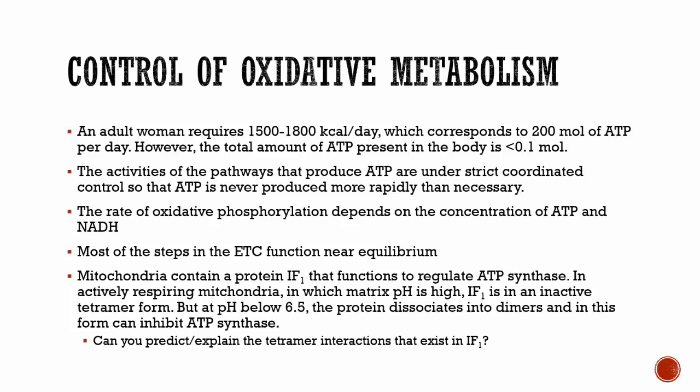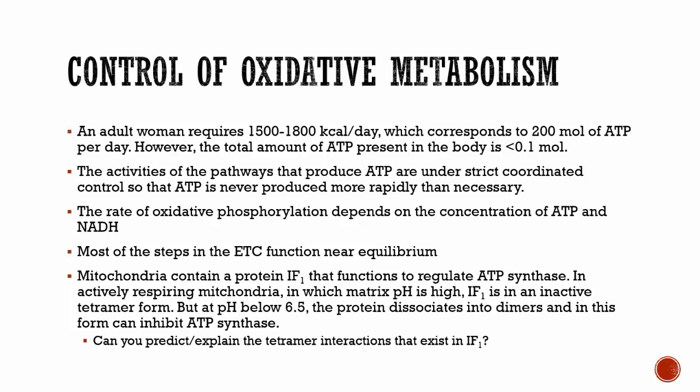The majority of control of the metabolism of glucose to make ATP exists in glycolysis and the citric acid cycle. All of the steps in the electron transport chain operate near equilibrium and are therefore not targets of inhibitors or activators. However, ATP synthase can be inhibited by the self-oligomerizing protein IF1.